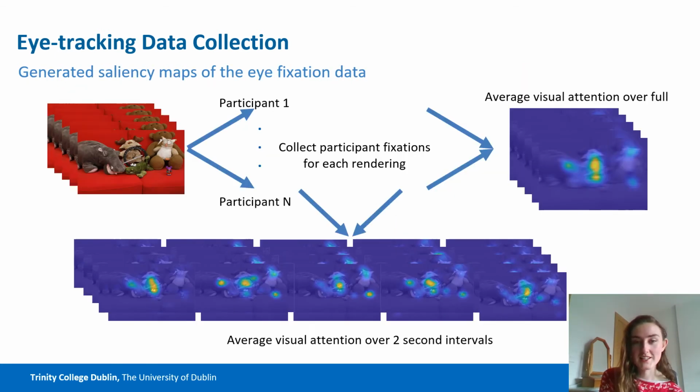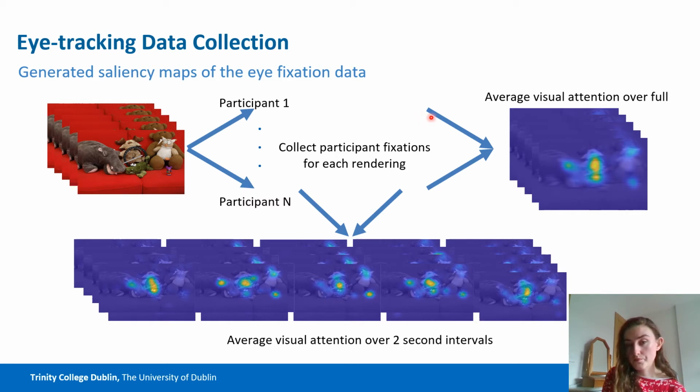So we then used our collected eye fixation data to generate saliency maps. So here you can see our 5 renderings of one of our light fields. We had recorded for each participant eye fixation data.